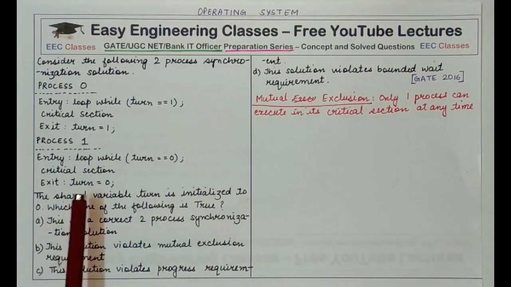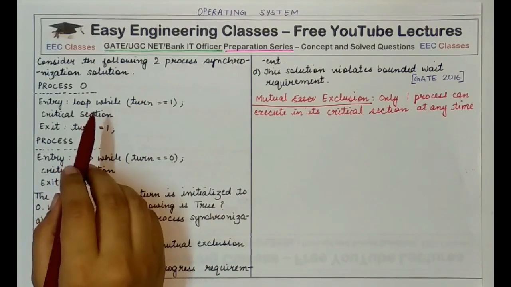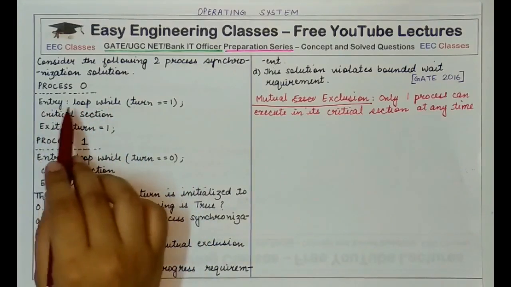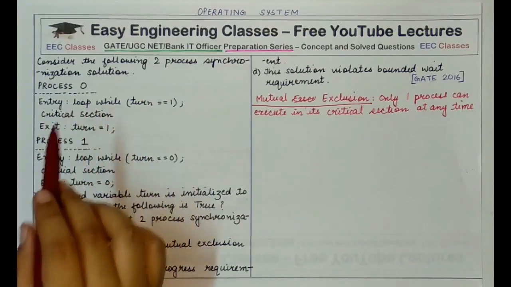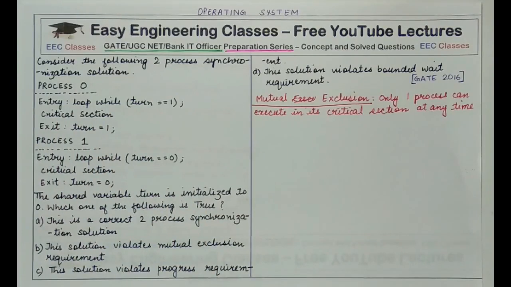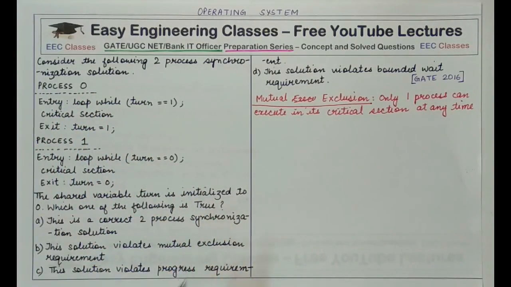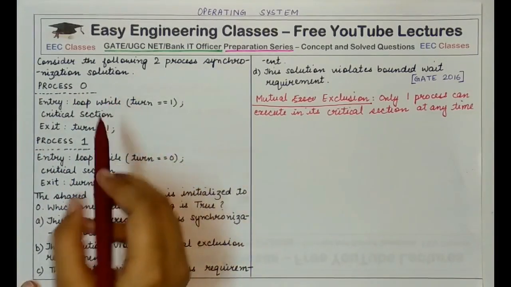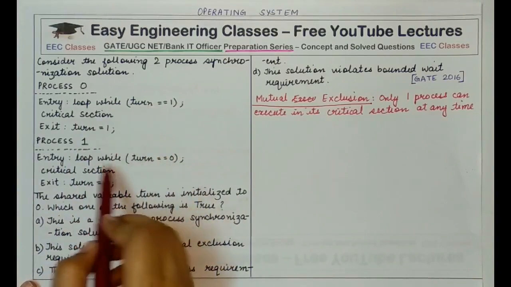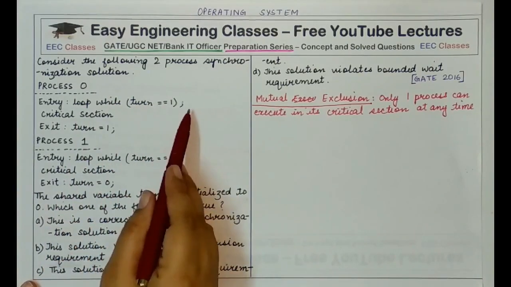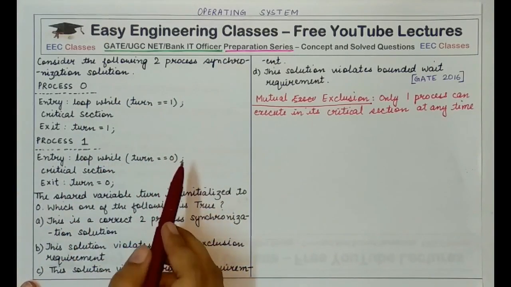Now in this question, the decision of which process will enter in its critical section is taken by the while loop that is present at the entry point. Okay, so if any time both P0, that means process 0 and process 1, P0 and P1 try to enter their critical section, that means at the same time they test their while condition, turn equal to 1 and turn equal to 0.